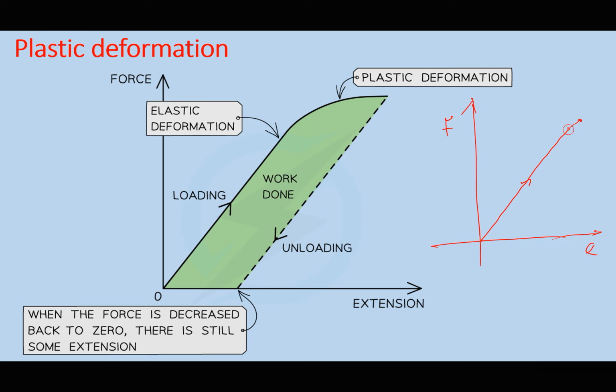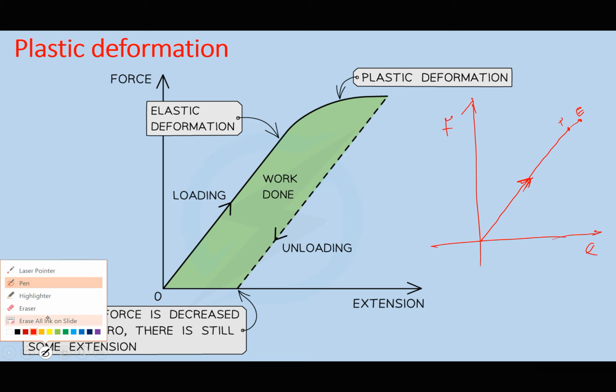So let this be the proportionality limit, and this is the elastic limit. If the material has not been loaded beyond the elastic limit, if this arrow shows loading, and the deforming force is removed, the graph will just follow the same path and go back to the original length.